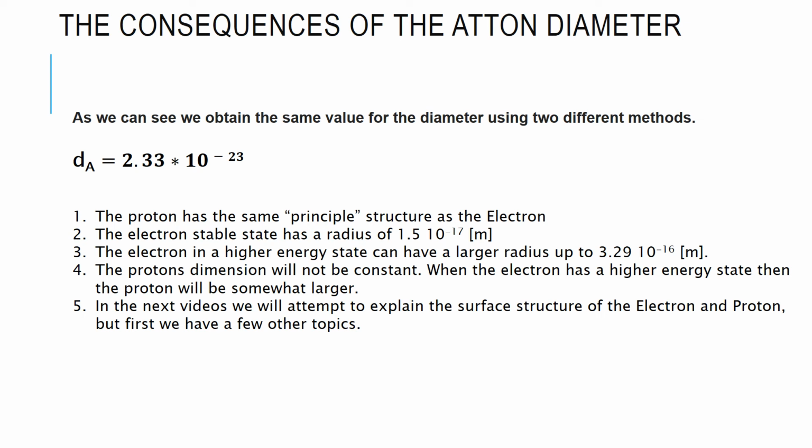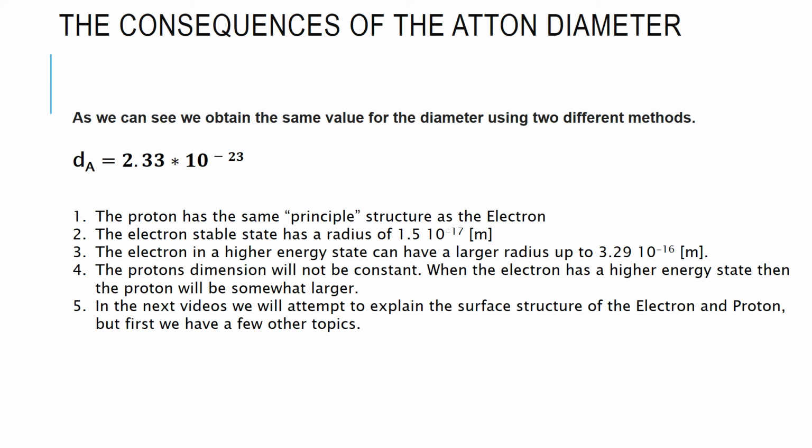In the previous videos, I had shown, using the Rydberg formula, that we have a range of radii for the electron depending on its energy state, especially when it's orbiting the nuclei. So the electron's stable state probably has a radius of around 1.5 times 10 to the power of minus 17. And in the fully charged state, that radius goes up to 3.29 times 10 to the power of minus 16.